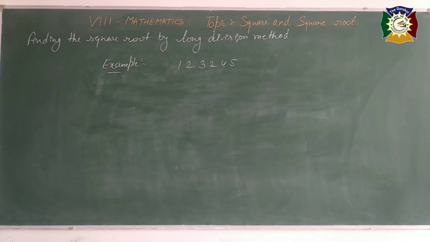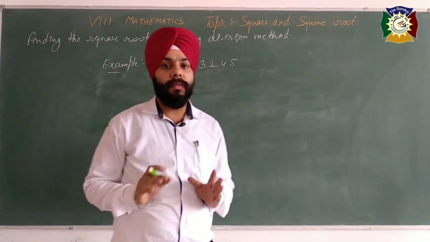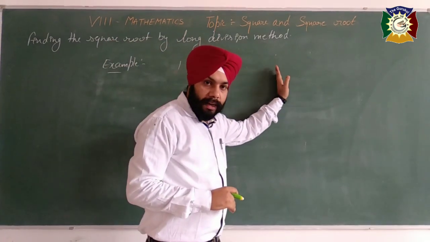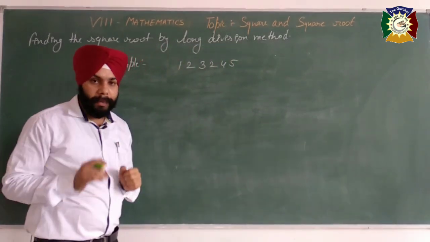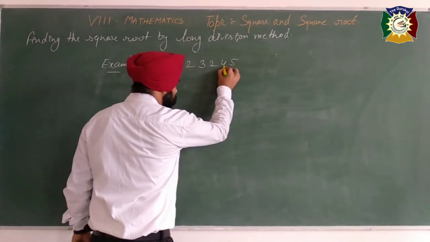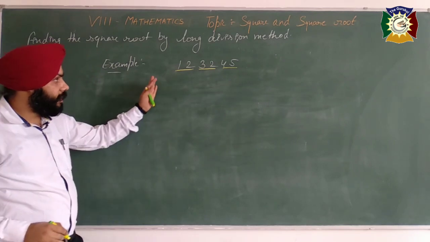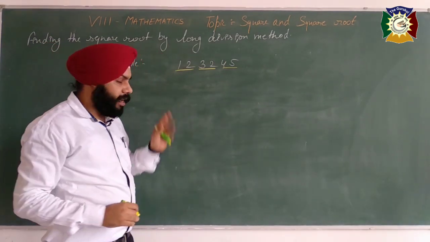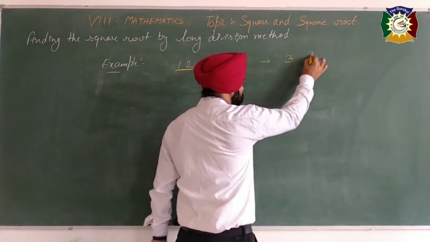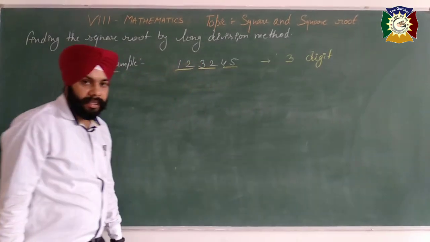To find how many digits its answer will have, from the very right side you have to start to make pairs. One pair, second pair, third pair. We found that this number has 3 pairs, so its square root will be of 3 digits.